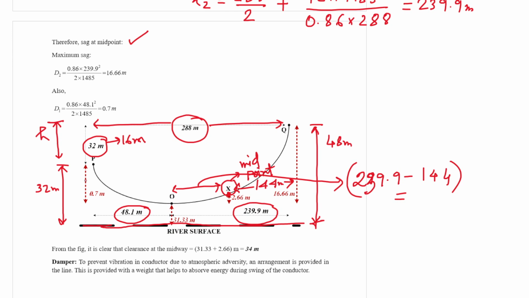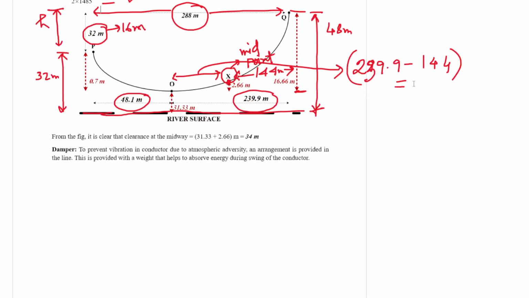Maximum sag D2 we have calculated, which is 16.66. This is the maximum sag D2. And D1 we have also calculated, which is 0.7 meter.